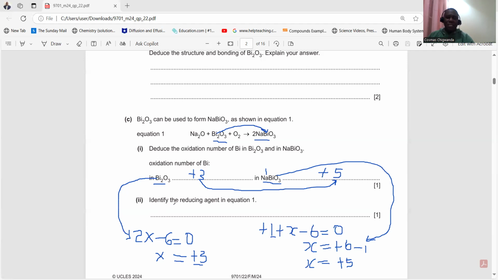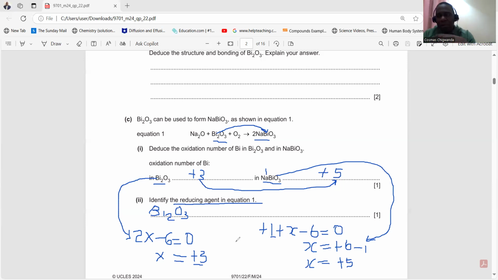But the question is saying, state the reducing agent in question 1. The reducing agent is always oxidized, okay? So our answer here would be the reducing agent is going to be Bi2O3. Why? Because it's being oxidized, it's losing electrons, and its oxidation state is actually increasing.